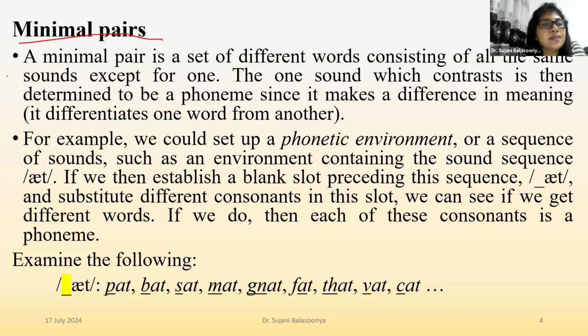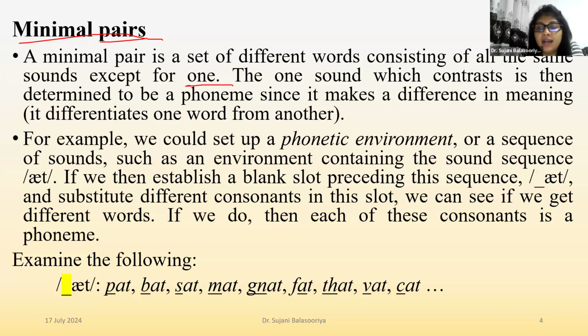Now look at this. A minimal pair is a set of different words consisting of all the same sounds except for one. Now, you know, a minimal pair, it's a pair. Pair means two, no? Right.